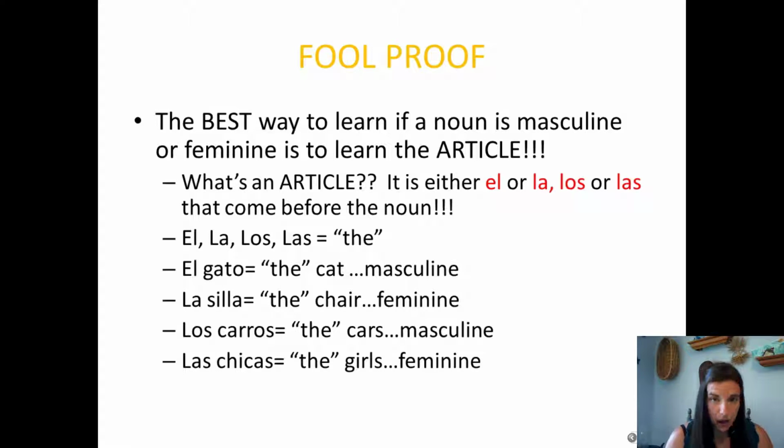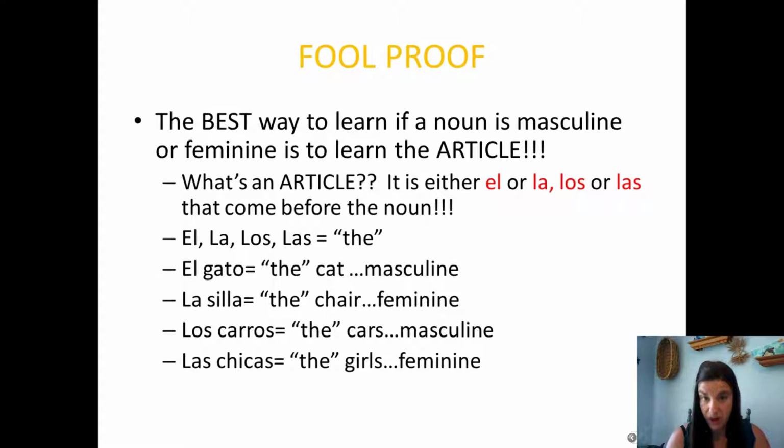The meaning of el, la, los, or las is the. The chair, la silla, the cat, el gato.